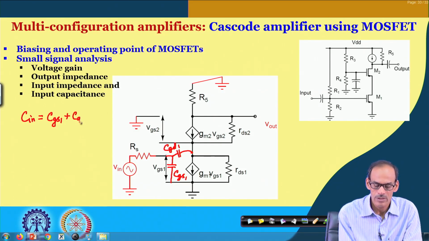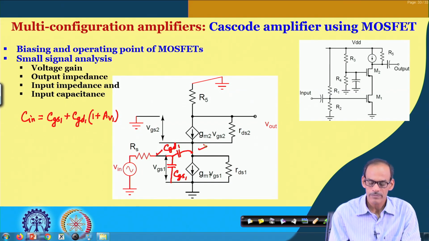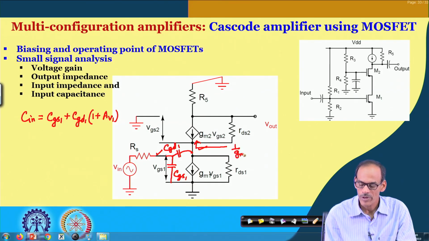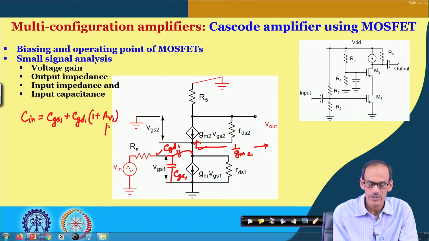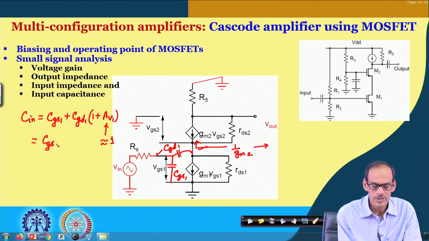So, CGD1 multiplied by 1 plus the gain from this node to this node. Here we may consider that the impedance at this node, coming from the upper circuit, is in the order of 1/gm2. That gives a voltage gain here of approximately 1. So, the input capacitance here is CGS1 plus 2 times CGD.